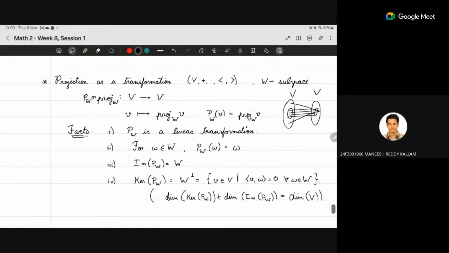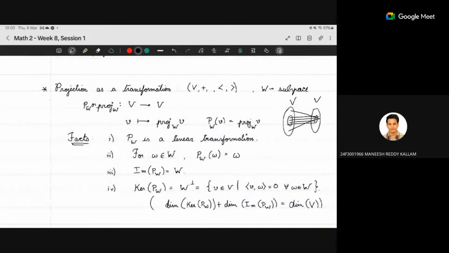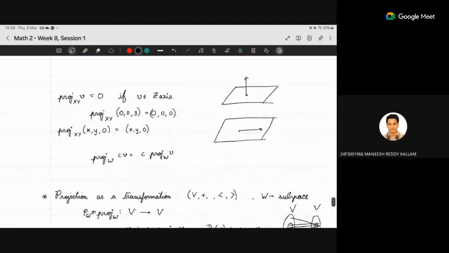So we are in a space V and we have a subspace W. V is the vector space that we are in, and W is the subspace we are projecting onto. Think of it as R3 and we are projecting onto a plane in R3.